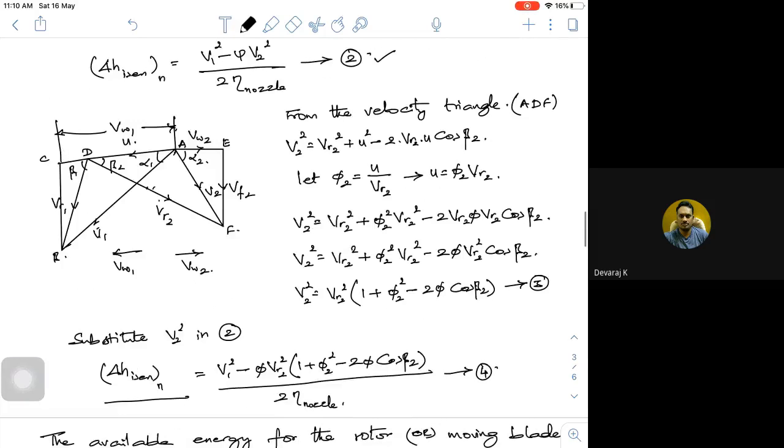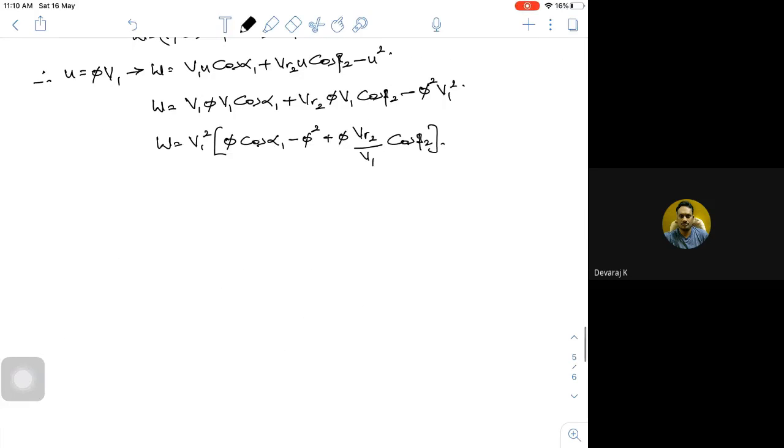VR2 I can write as phi 2 divided by U. So let me first substitute that: V1 square into phi into cos alpha 1 minus phi square plus phi into VR2, which I am writing as phi 2 divided by U into V1, and I'll write the next step, cos beta 2.